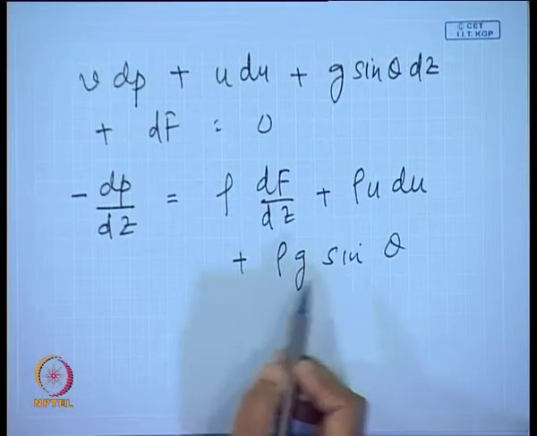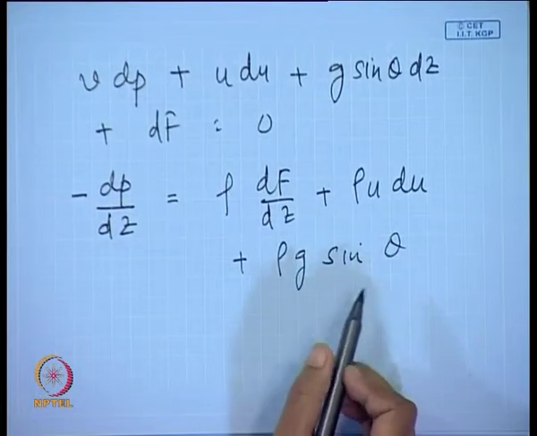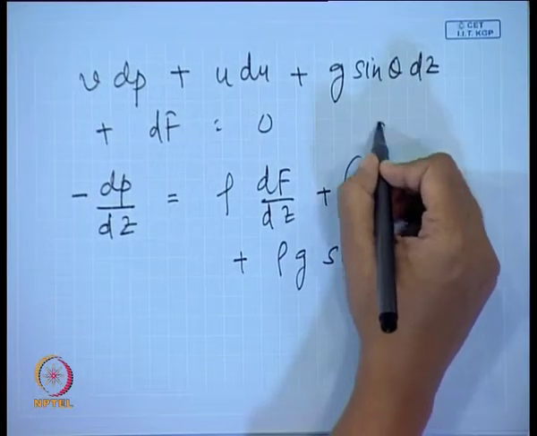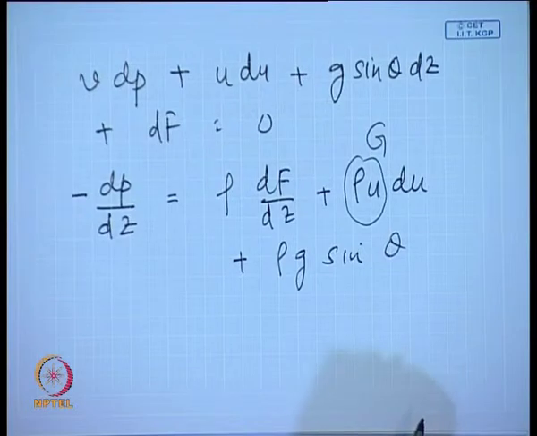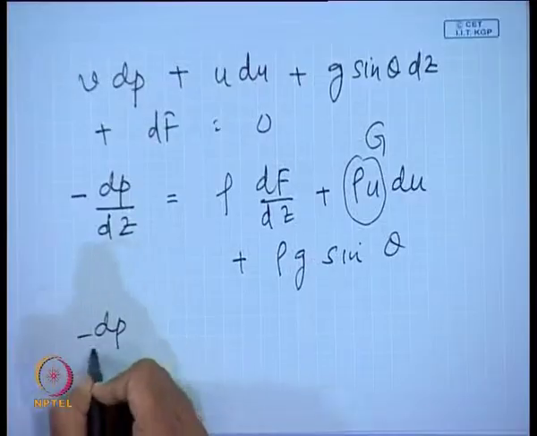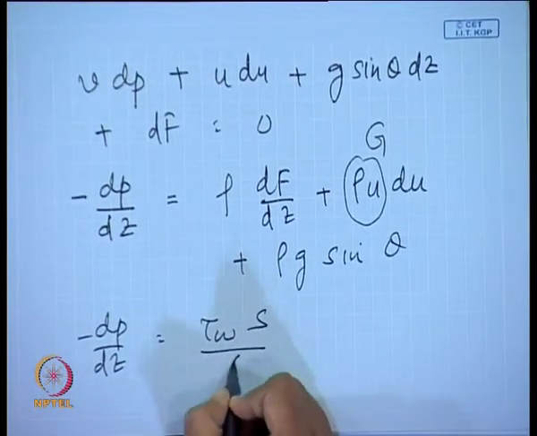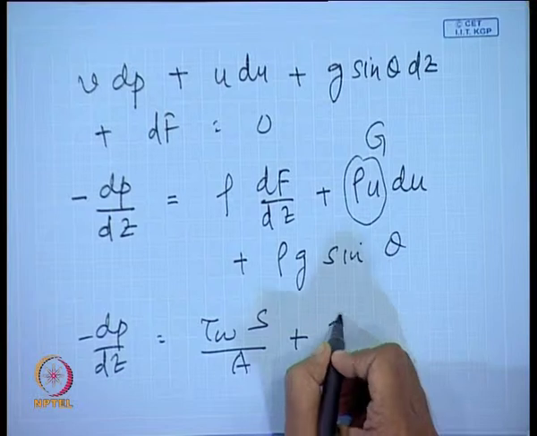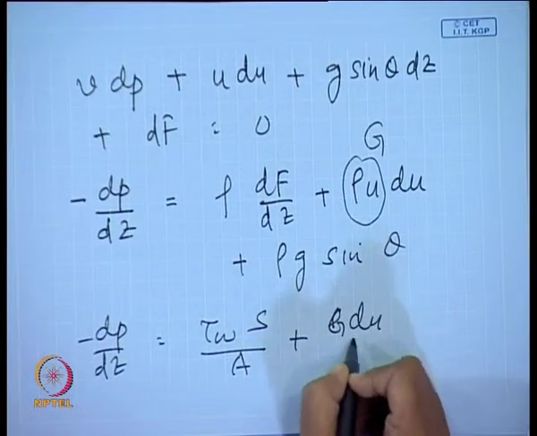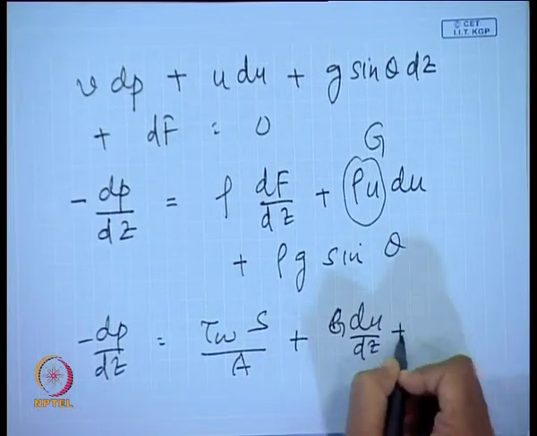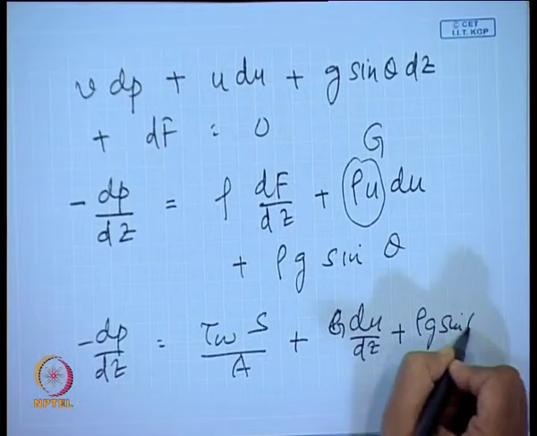Now, if we compare this expression, what is this rho u equal to? It is nothing but G. Now, if you remember from the momentum equation, the final expression which we had obtained was minus dp dz equals tau w s by A plus G du dz plus rho g sin theta.